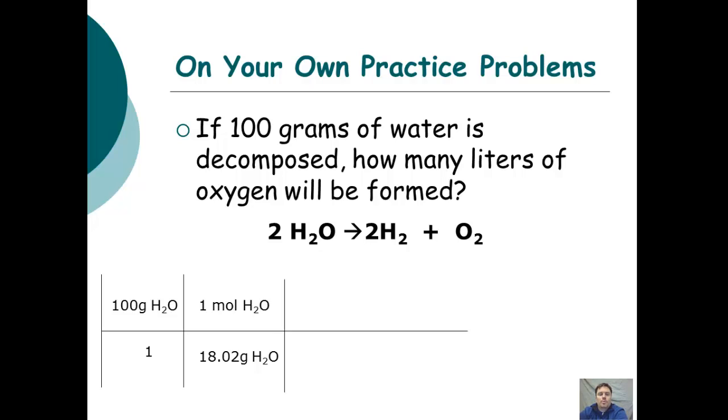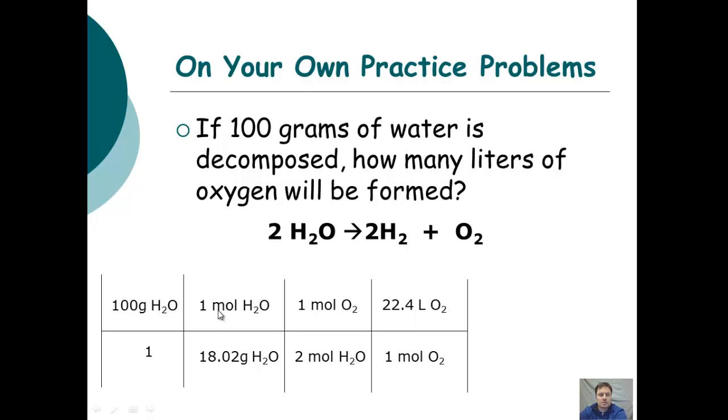Now from water, we need to go to oxygen. It's 1 mole of oxygen per 2 moles of water, 1-to-2 ratio there. And then finally, it wants to know liters. So we know that 1 mole of oxygen is equal to 22.4 liters. So 1 mole goes on the bottom, 22.4 liters goes on top.